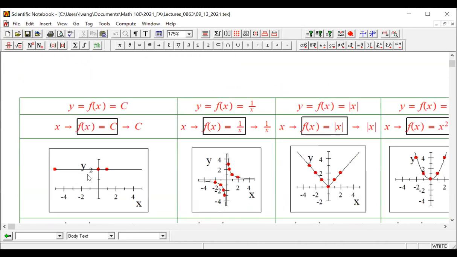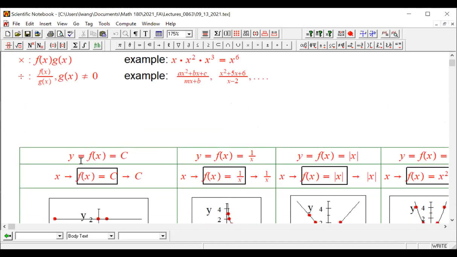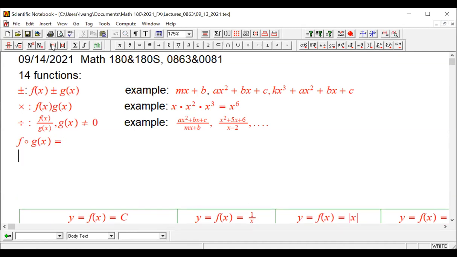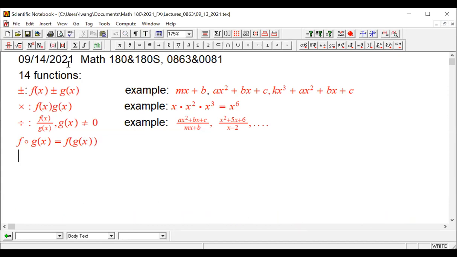And now we talk about composite functions, composition, right? Some of you have seen it. And this is also very, very useful, very much used in calculus class, the composite function. How is this defined? f of g of x. That's what it is.